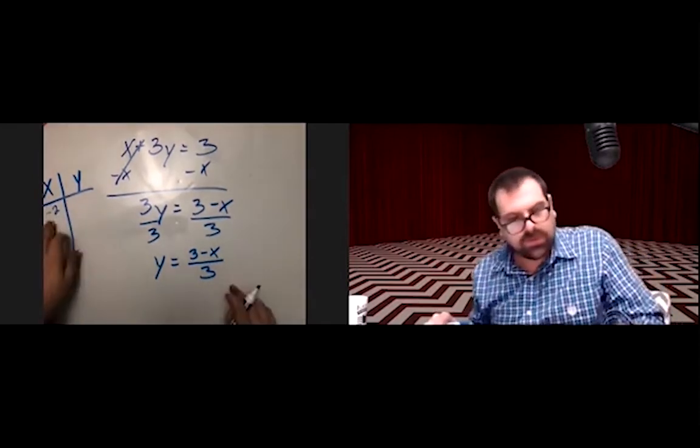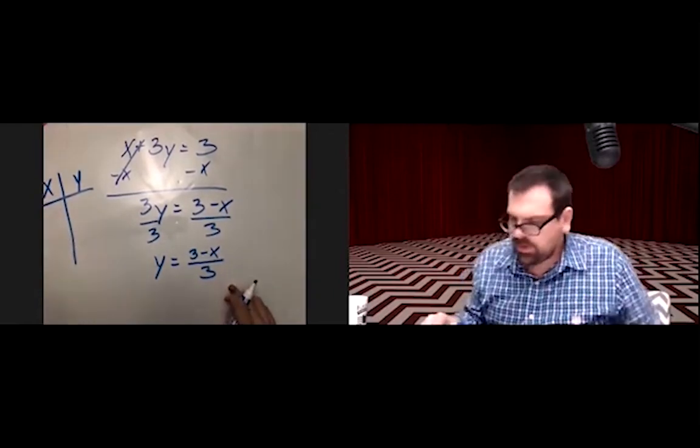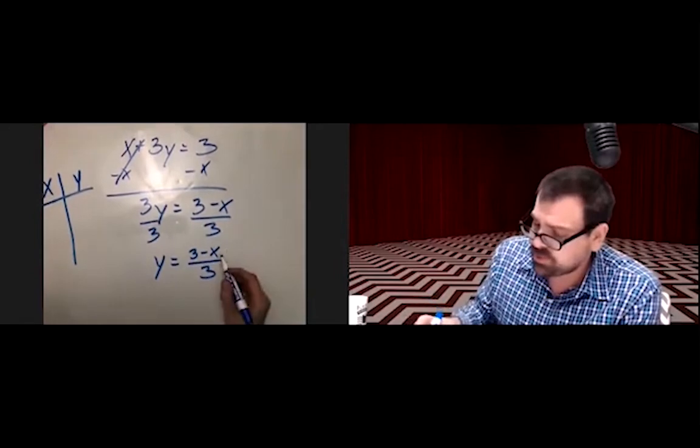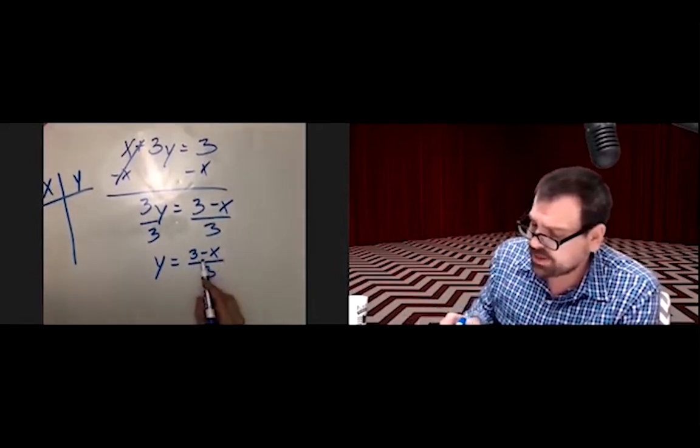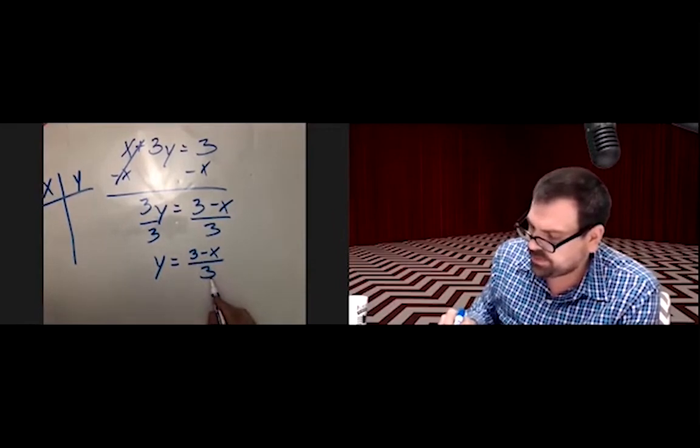Ooh. I want to be careful with how we pick again. If I just randomly pick some x's, I'm going to run into the same situation, but it has to be something that I can go 3 off of and then divide by 3.